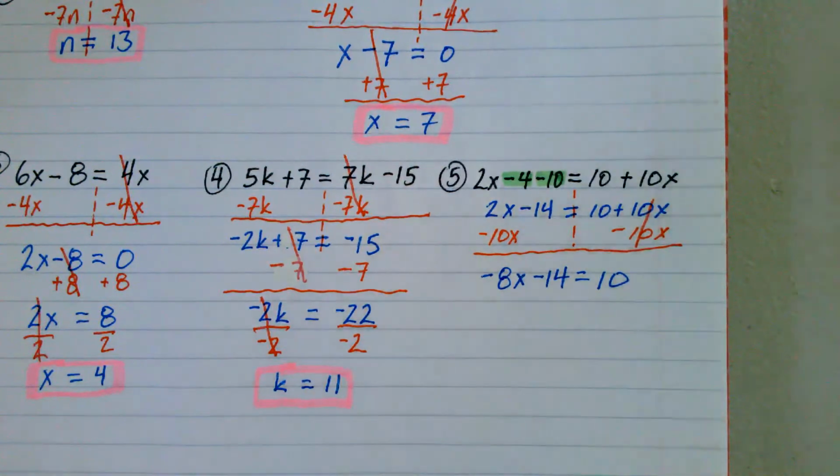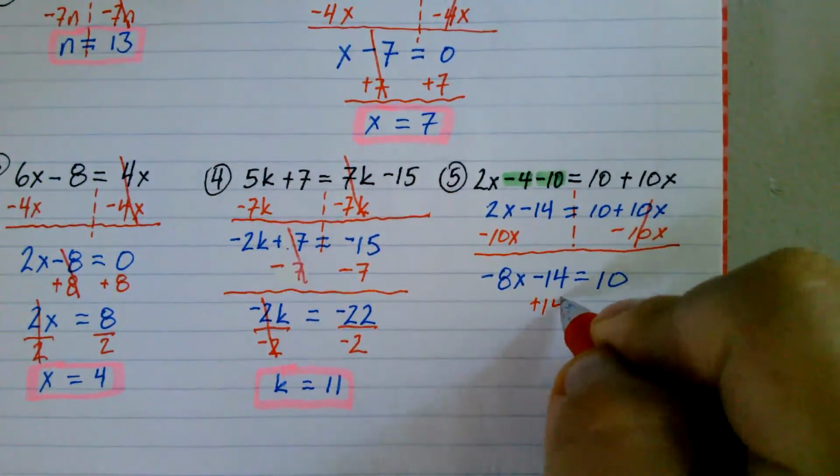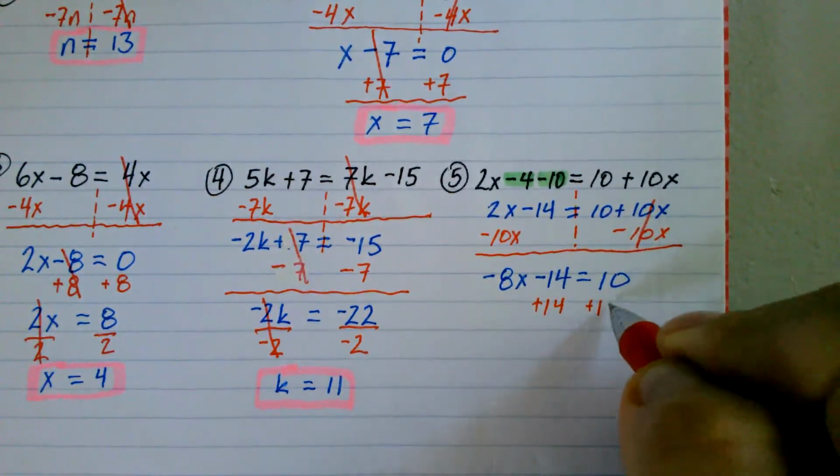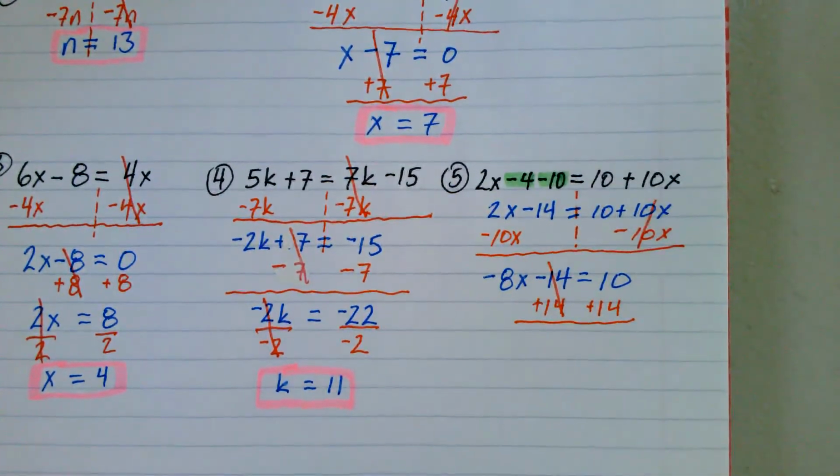So now eventually it boils down to a two-step equation. Okay? It boils down to a two-step equation, which we've done a few of those now. They're not so hard. Get rid of the minus 14. Okay?